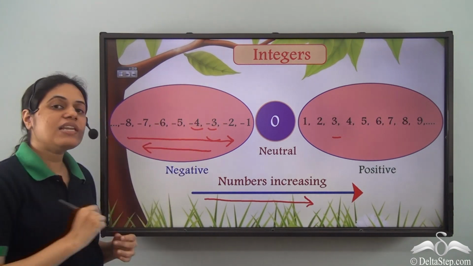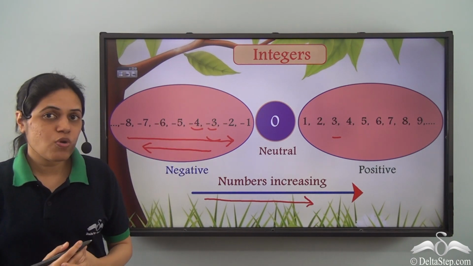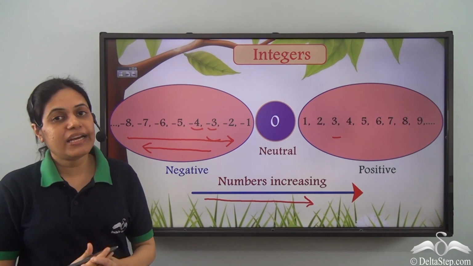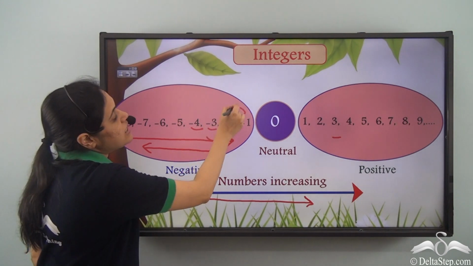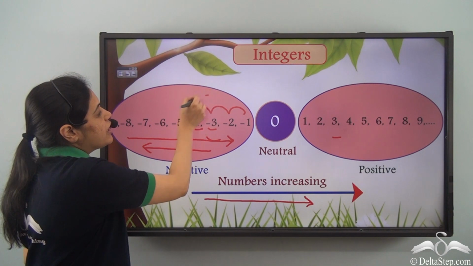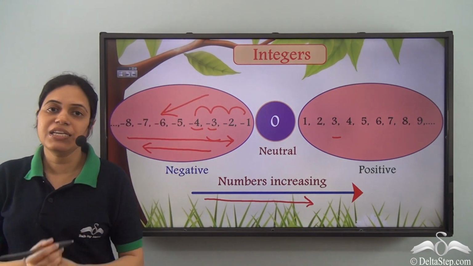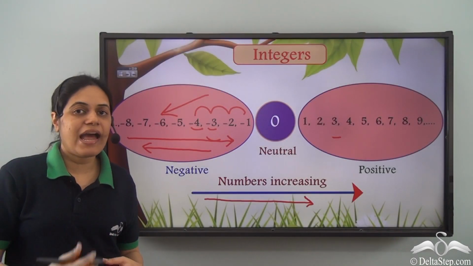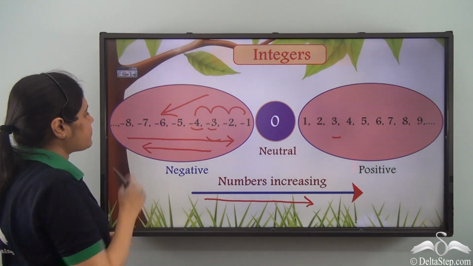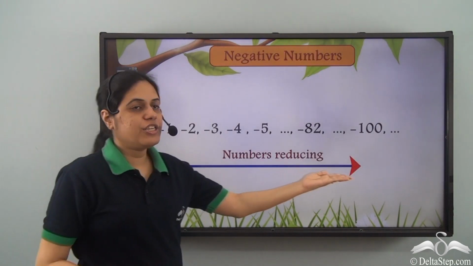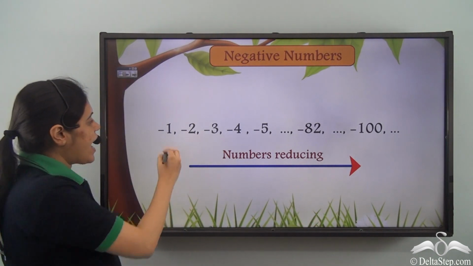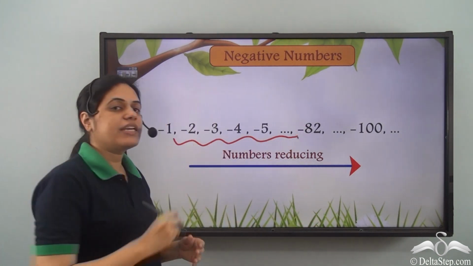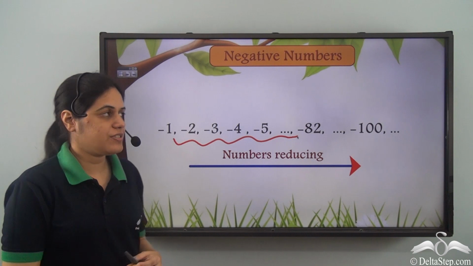Negative 4 is less than negative 3, and so on. That is, for negative integers, as we count further, the numbers decrease. They become lesser and lesser.